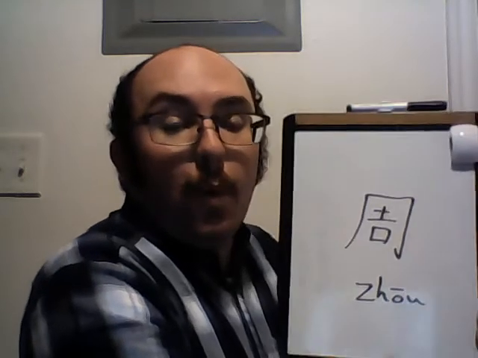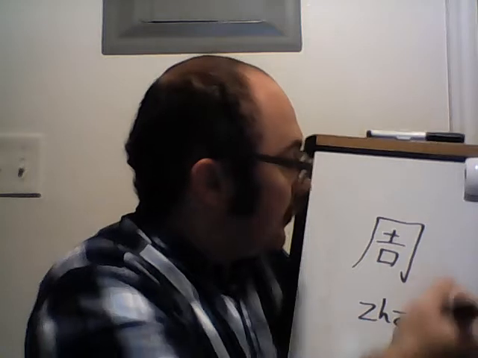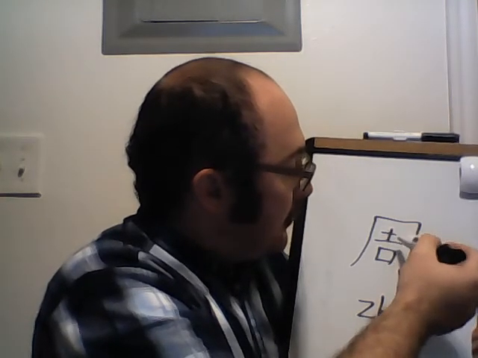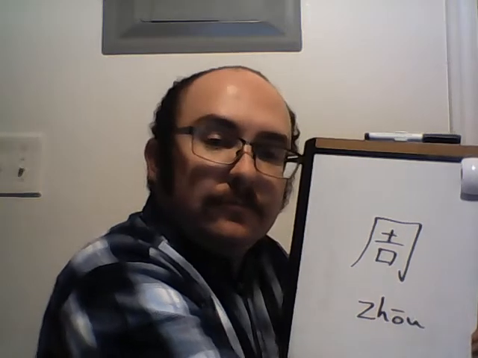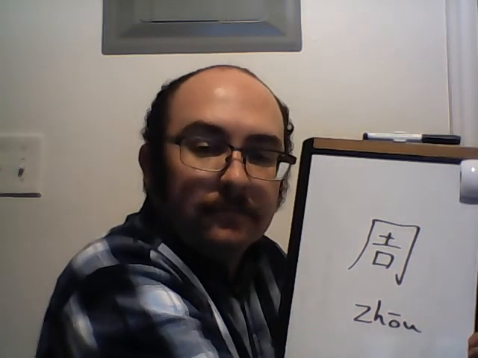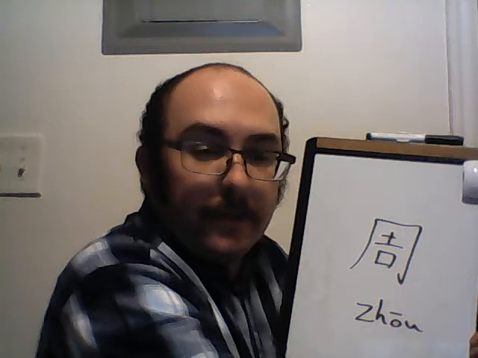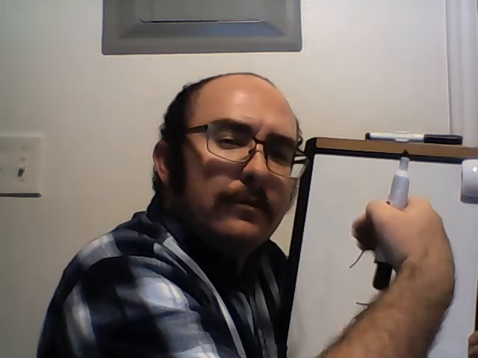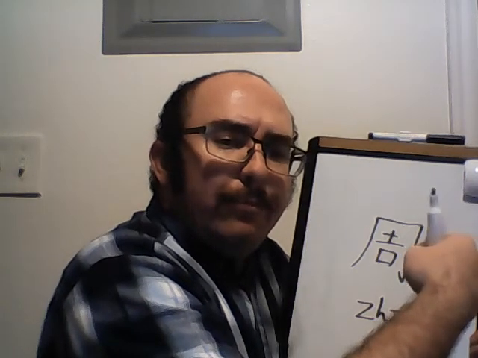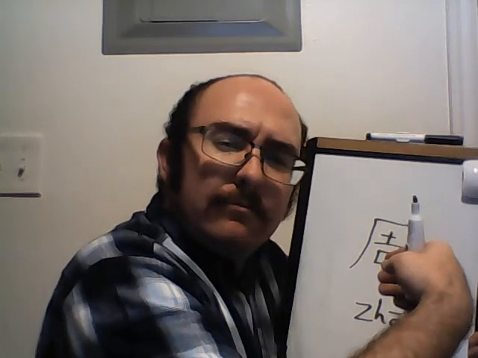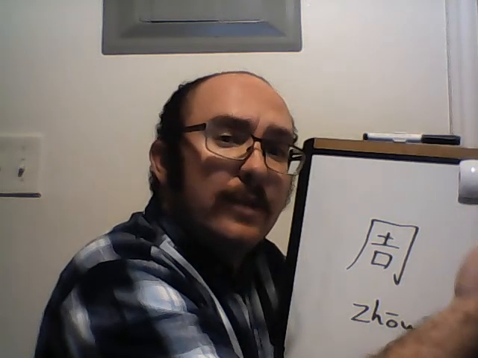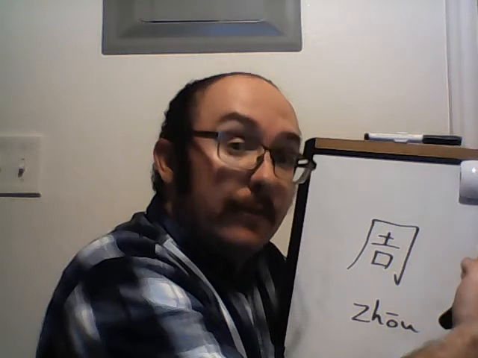This is Zhou. For some of these surnames there's no single technically correct way to introduce them; the surname just evolved to have a bunch of different ways of being introduced, and Zhou is one of those.